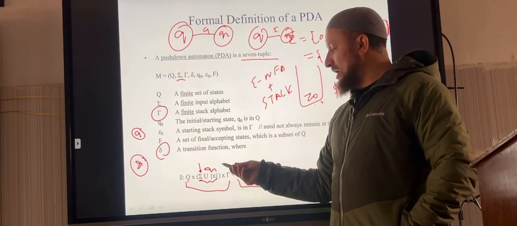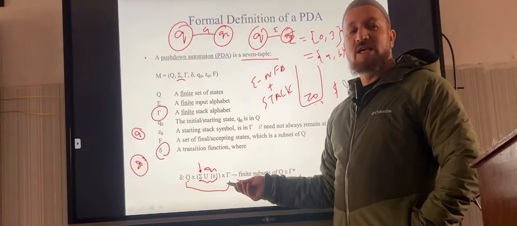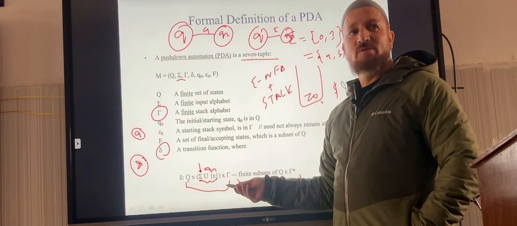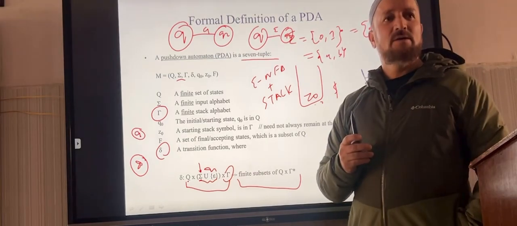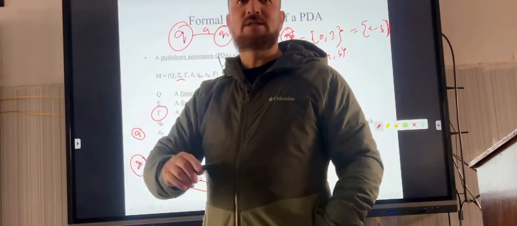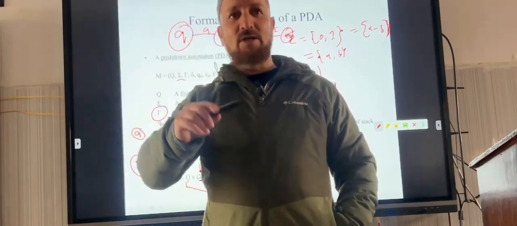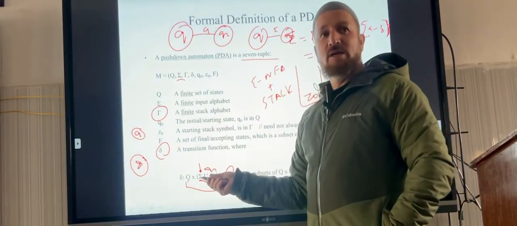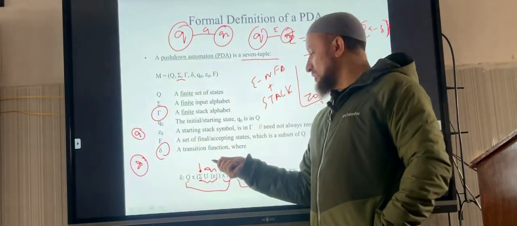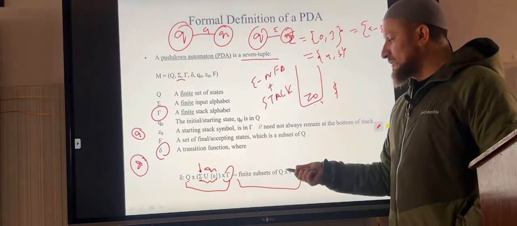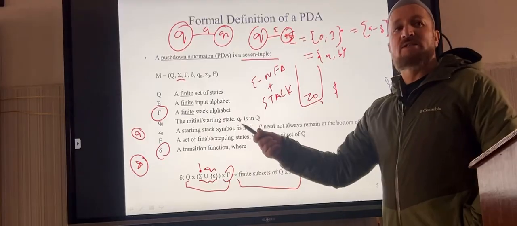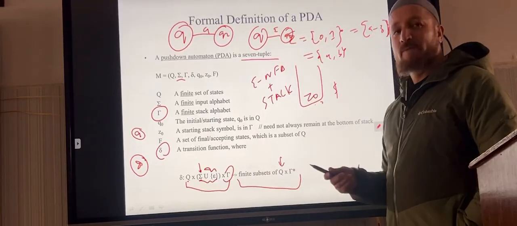But not only that, you also have to see what is on the top of the stack, which is shown by gamma. The gamma tells you what is on the stack. So you have to see not only what you are receiving, but also what is on top of the stack, and then you go to another state.